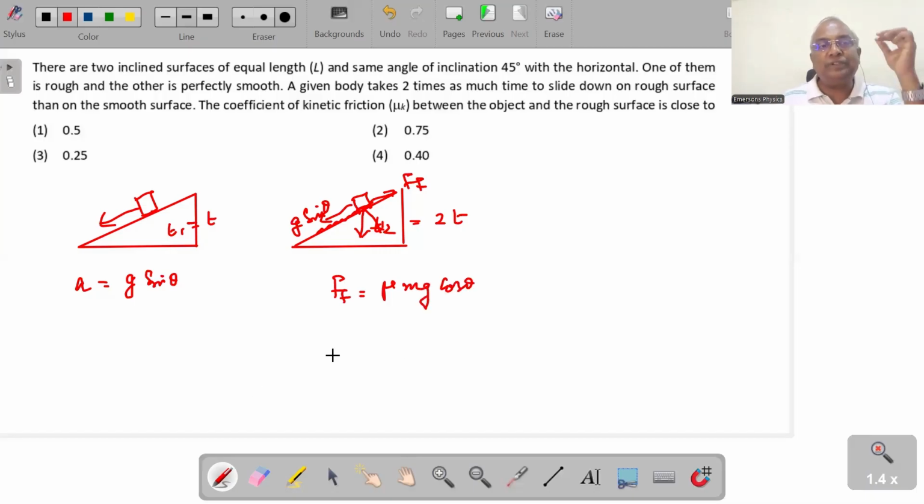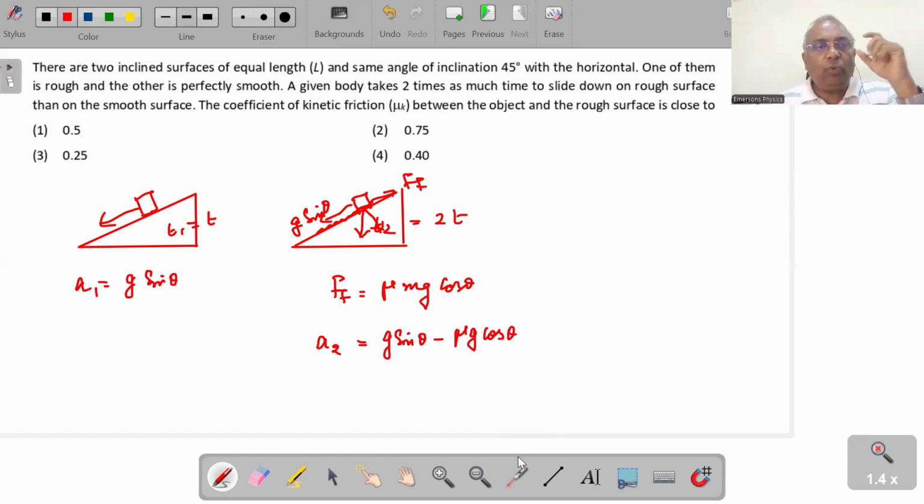What is the net downward acceleration? This is the first case. For the second case, the net downward acceleration is g sine theta acting down minus mu g cos theta. That is the acceleration for the second case, a2.